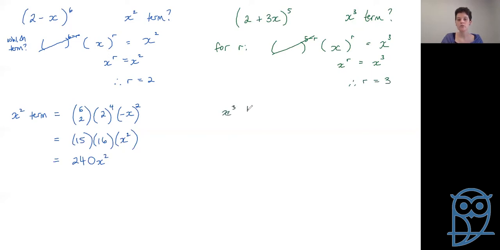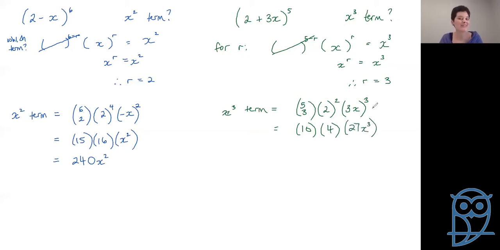So our x cubed term is going to equal 5C3, 2 to the difference, 3x, because we take, of course, with our coefficient when we're calculating the whole term, to the 3. So 5C3 gives us our 10. 2 squared gives us our 4. 3 cubed gives us 27x cubed. Because remember laws of indices, that 3 must come in on both elements of the bracket.